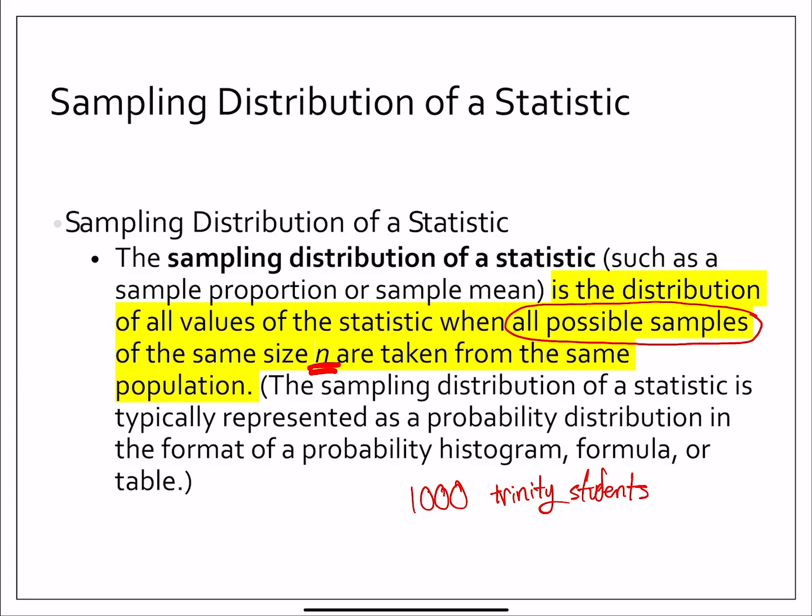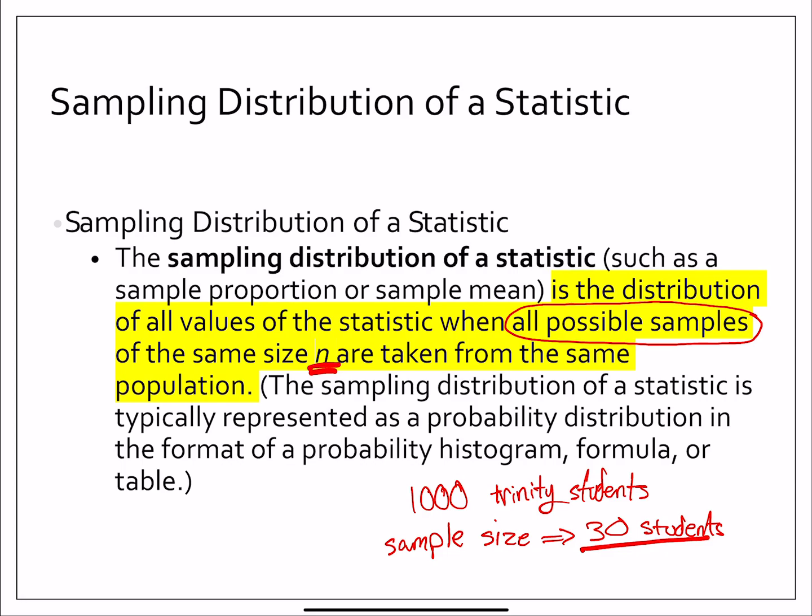And let's say we were doing sample sizes of 30 students. We would not create a sampling distribution until we had taken samples of 30 students all the way to the point where we had taken all of the possible samples that we could take, right?